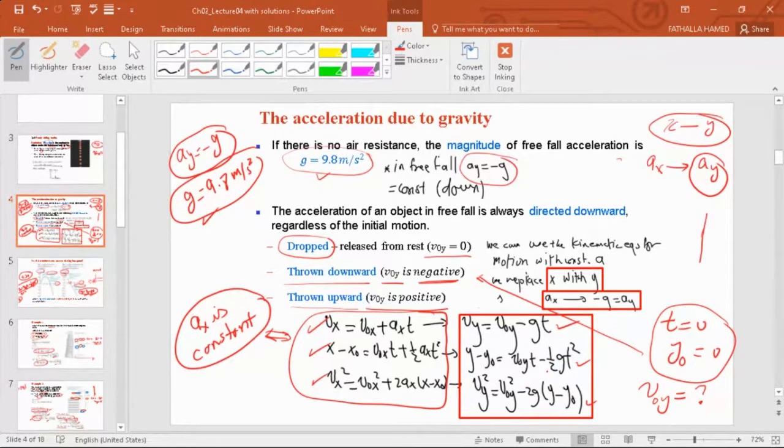That's it. The minus is there because we said that ay is equal to minus g. You don't put g equal to minus, no, g is equal to 9.8, always in these equations. And these equations take care of the whole trip for you.